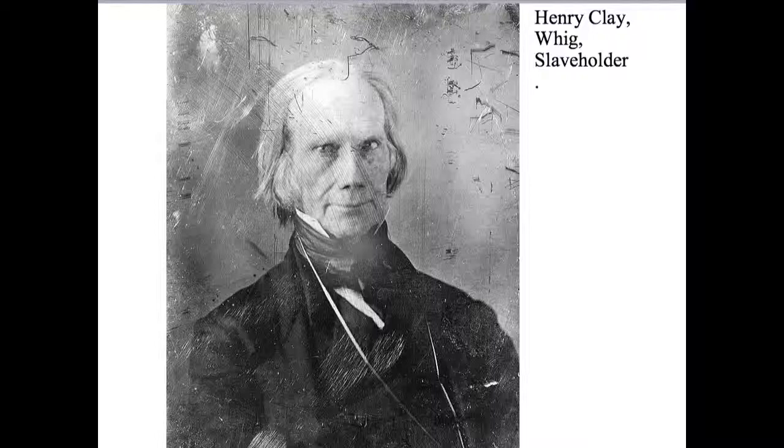These parties, the Whigs and the Democrats, were different on government and economics, but they didn't differ substantially on America's class system or on slavery. Both parties had poor and rich people in them, and crucially, both parties were perfectly willing to tolerate or even encourage slavery.